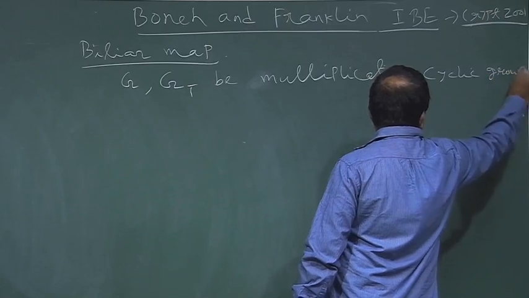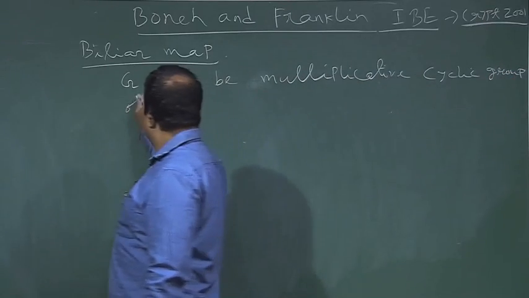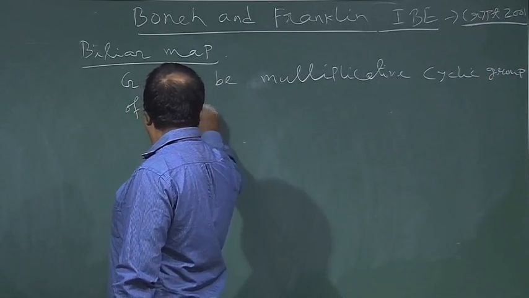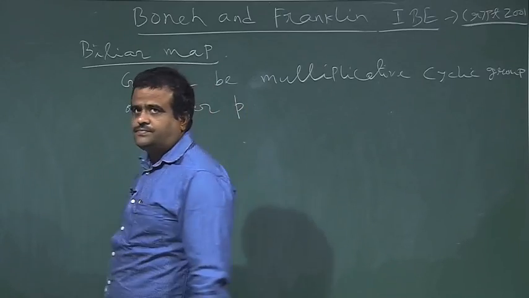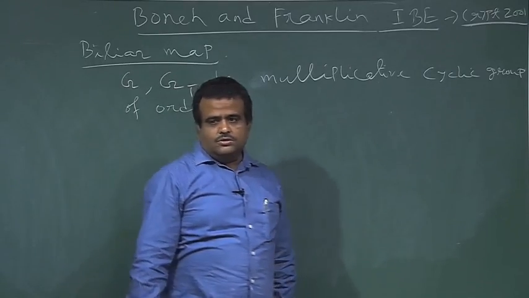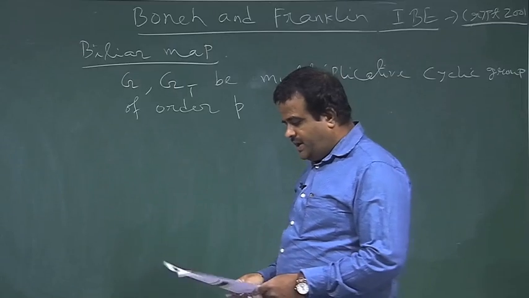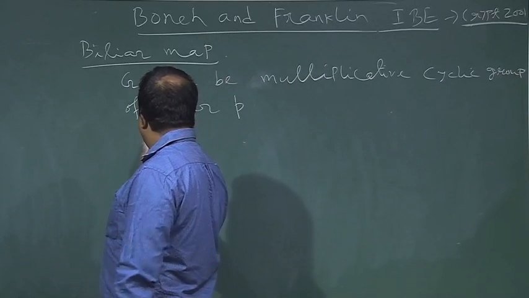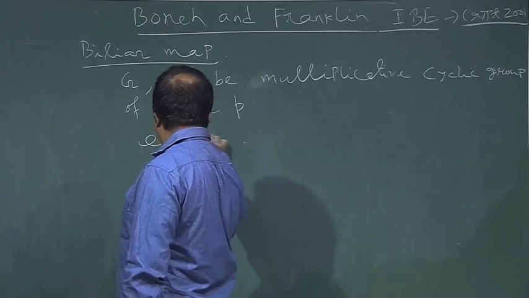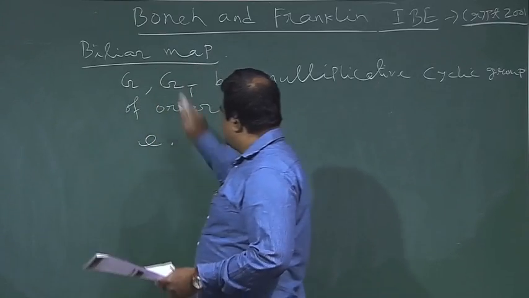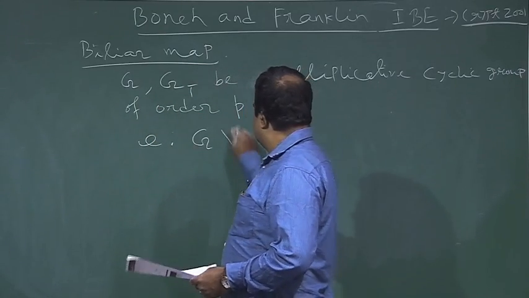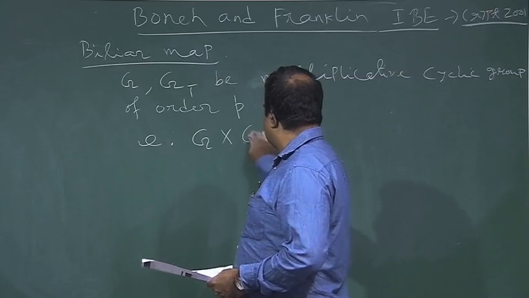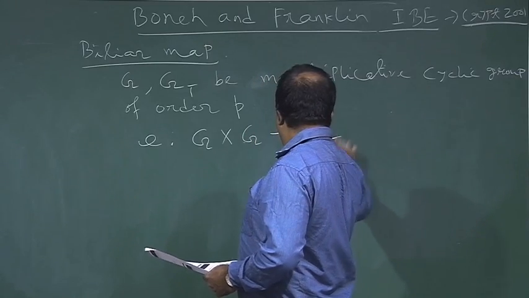Cyclic group of order P. So we have two groups of order P, G and GT, and we define a map E from G cross G to GT.